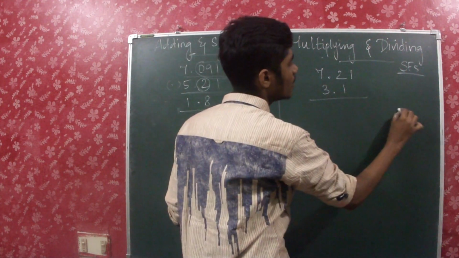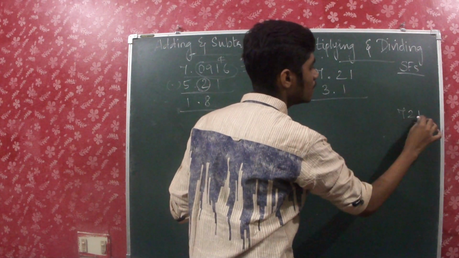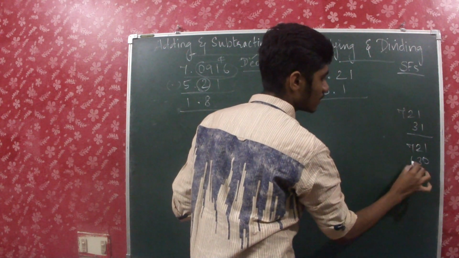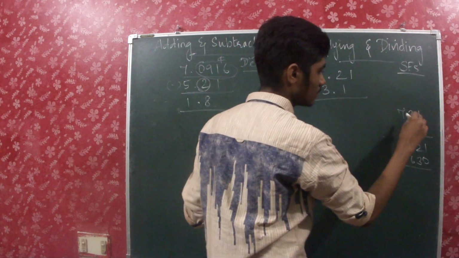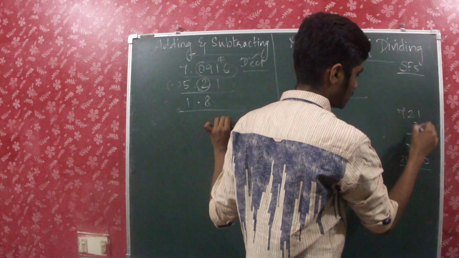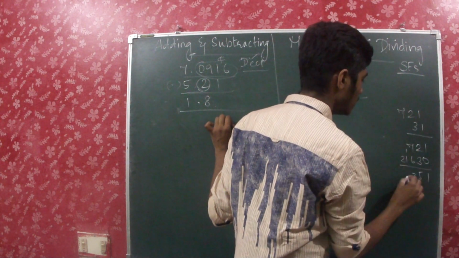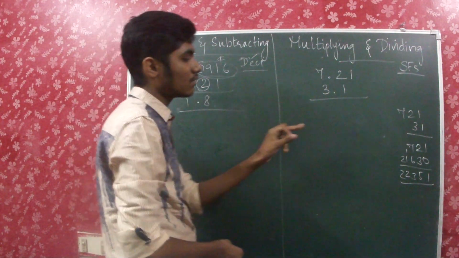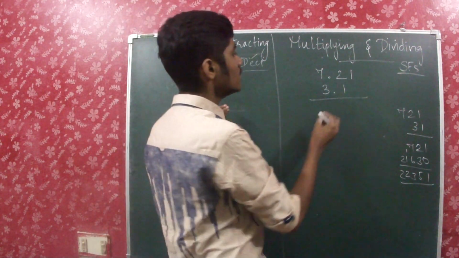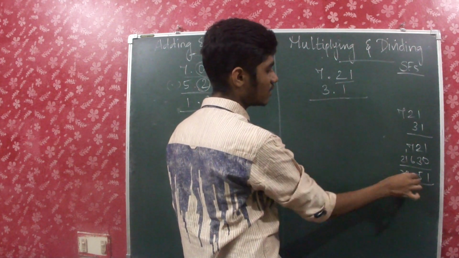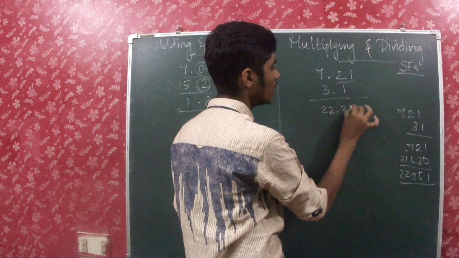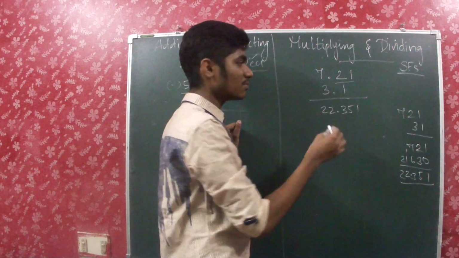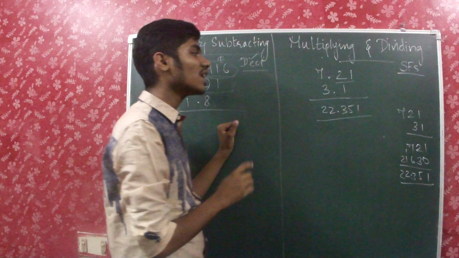First of all, basically we remove the decimal points and multiply, which gives 22351. Here 3 decimal places are there, so I place the decimal point to get 22.351. Actually what I am doing now is basic mathematics. I am not teaching something new. 22.351 is the answer which I get.